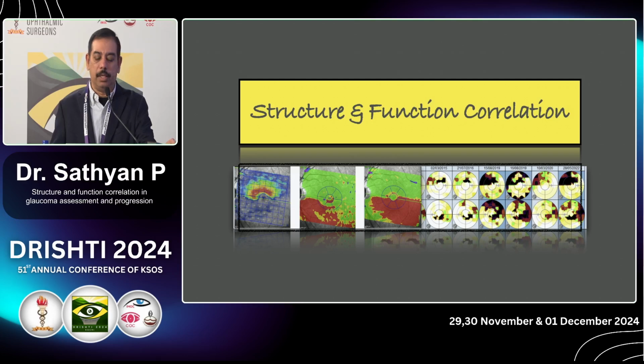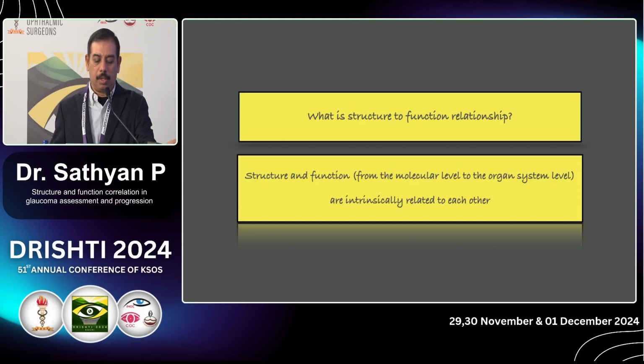So looking at the structure function correlation, how do you really relate these two together? This is like husband and wife. That is a very superficial relationship, I can say.